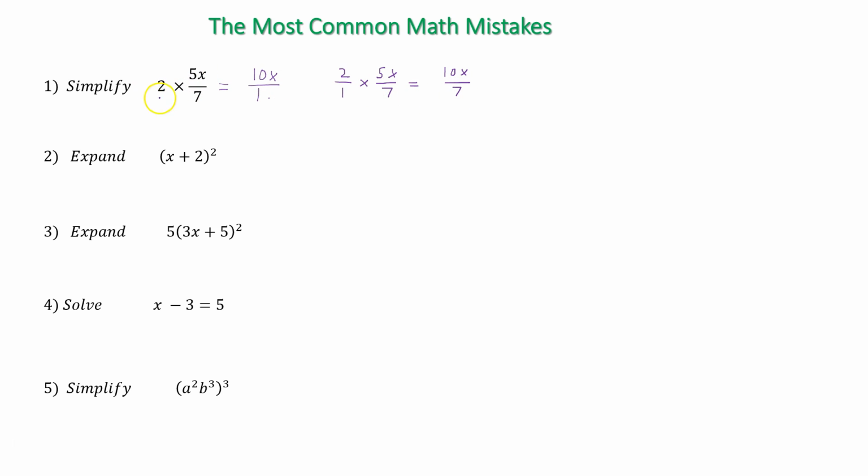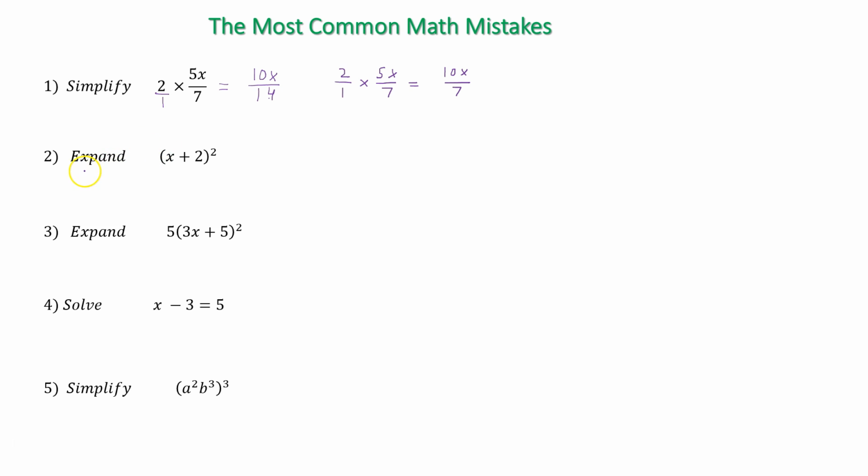Okay, so any number in front, remember that this number is always over 1. Okay, and this is just the numerator. And so since this is over 1, you multiply the numerator by the numerator and you multiply the denominator by the denominator, and you should get 10x over 7. Okay.